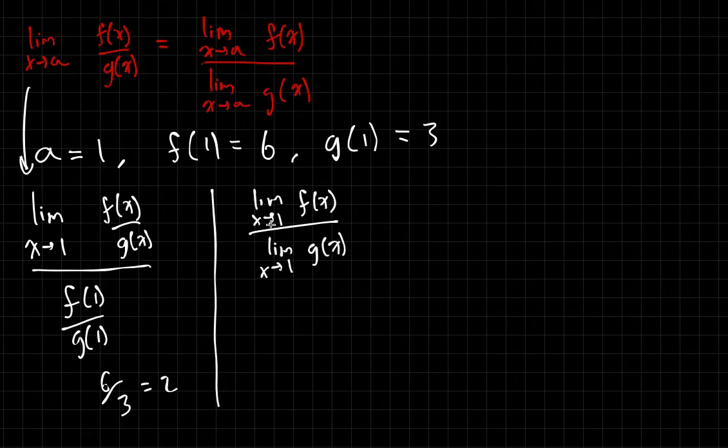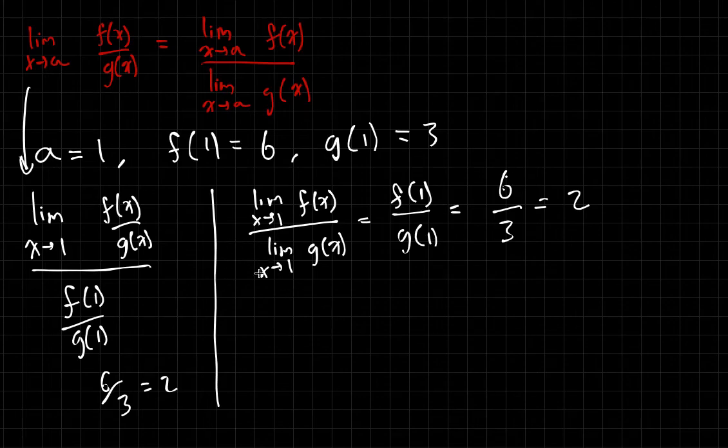Well, what was the top limit? The top limit is just plugging in 1 into the function, right? So that will just be f of 1. The bottom limit is plugging in 1 into this function, so that will just be g of 1. And we know that f of 1 is 6, g of 1 is 3. So we get the same value again, which satisfies this property.